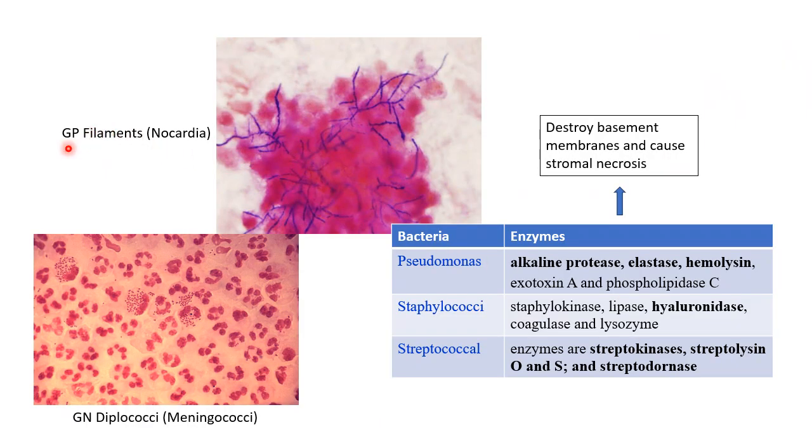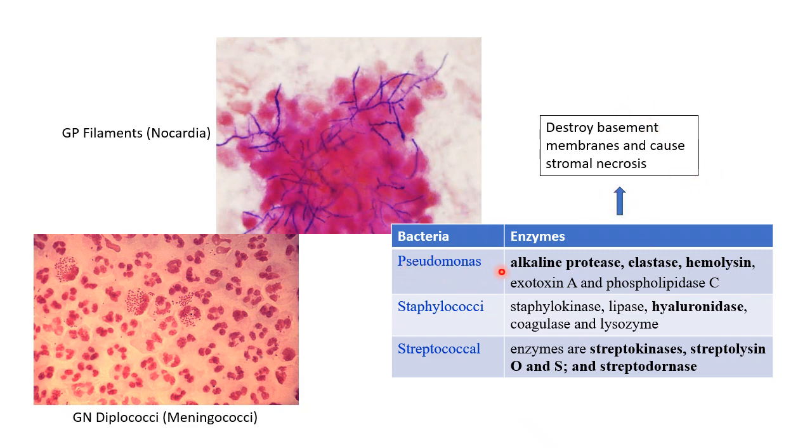Now, these are examples of gram-positive filaments seen in Nocardia, this one, and these are gram-negative diplococci, very typical of meningococci. Remember, gram-positive would appear purple and gram-negative would appear pink. Now, there are certain bacteria which produce a particular type of enzymes. Now, these enzymes basically destroy basement membranes and cause stromal necrosis.